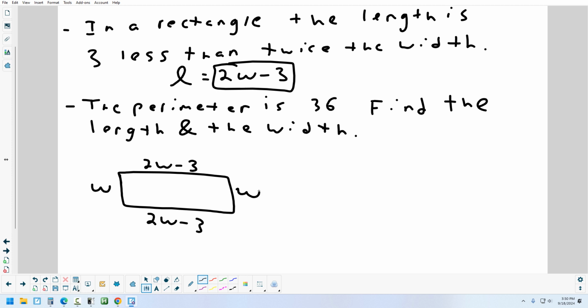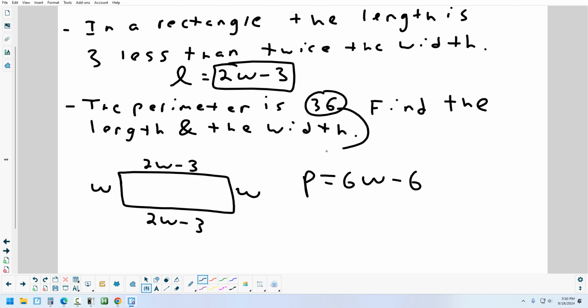So adding all those sides up will give me an expression for the perimeter. If we add all those up, what's the expression for the perimeter? 6w minus 6. Good. And they tell us in this problem the perimeter is how much? The perimeter is 36.